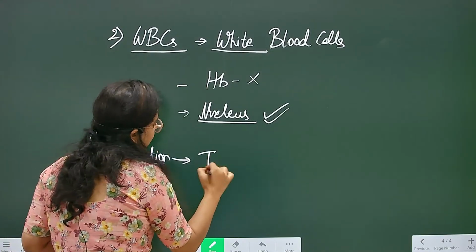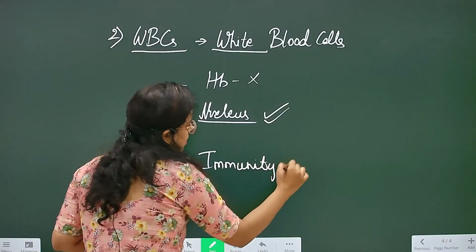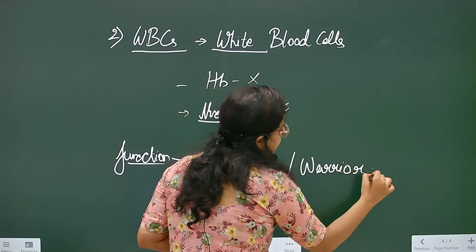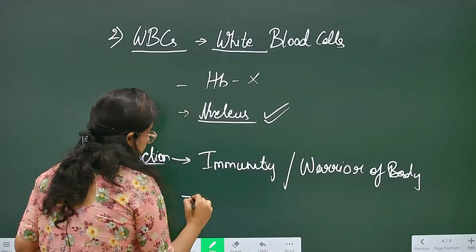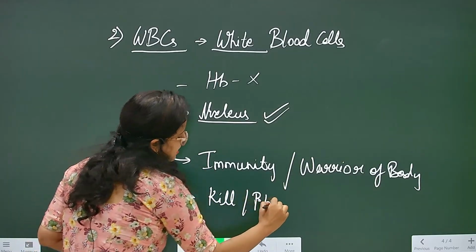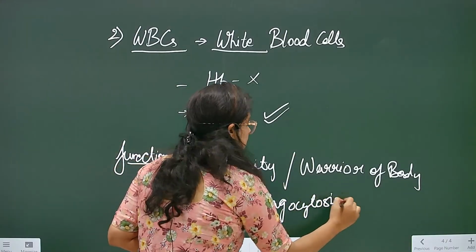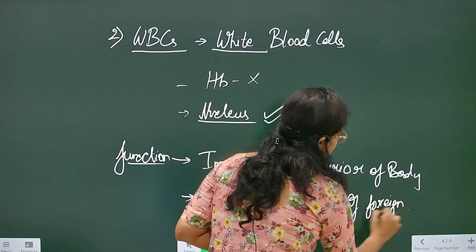WBCs is providing immunity. They are called the warriors of the body, or they kill, or carry out phagocytosis of foreign elements that are entering the body.